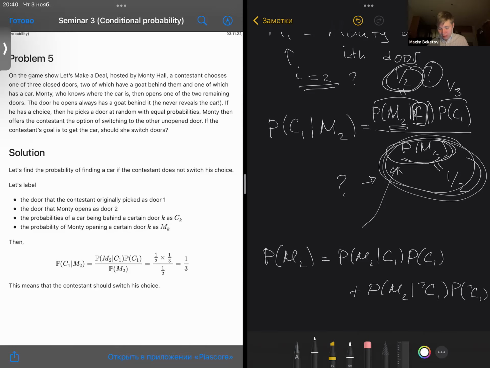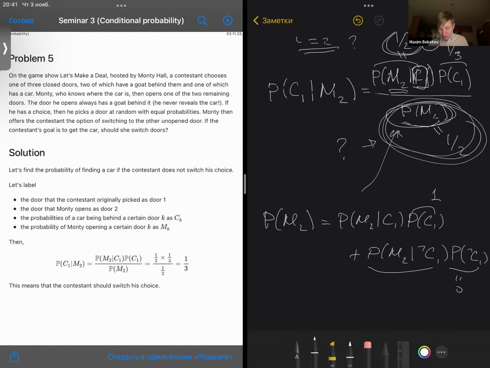But the fact is that this is 0. You're always, then this is 1, and so I would say that. But then we have a trouble here.